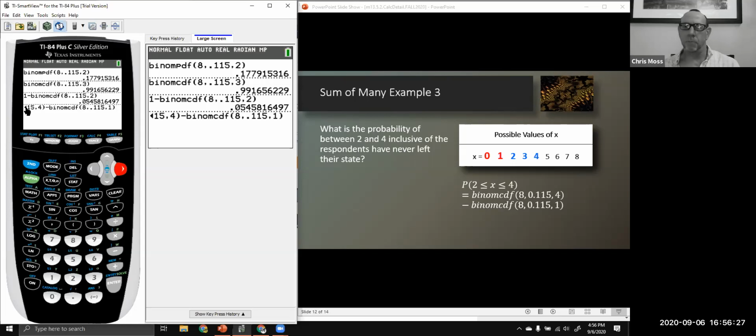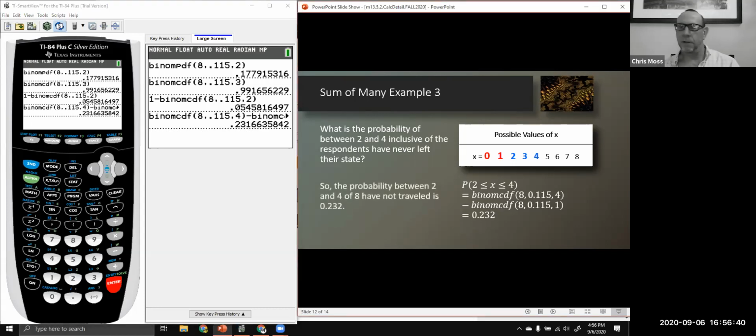It's all in there. Blow on it once for luck. Hit enter. And 1, 2, 3, take a look at the 6. So 0.232. The probability between 2 and 4 of those 8 having not traveled, 0.232.